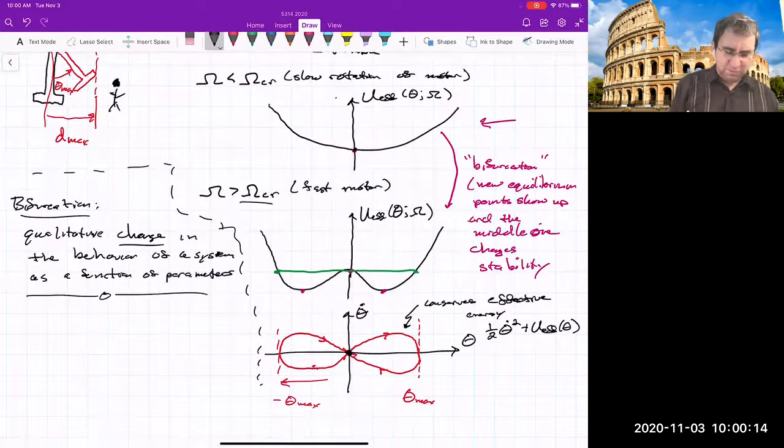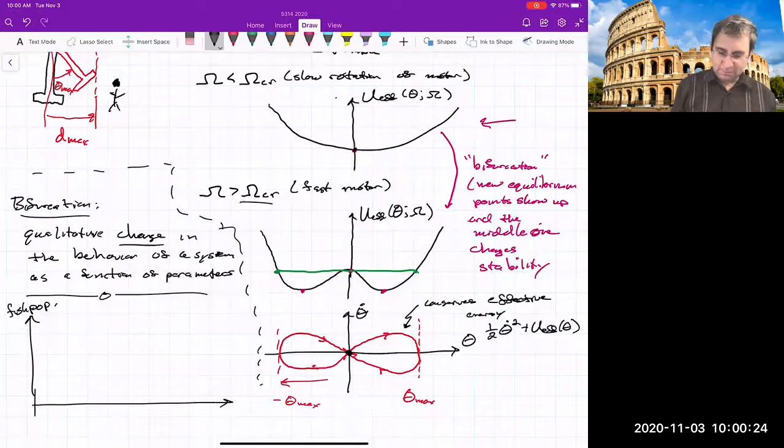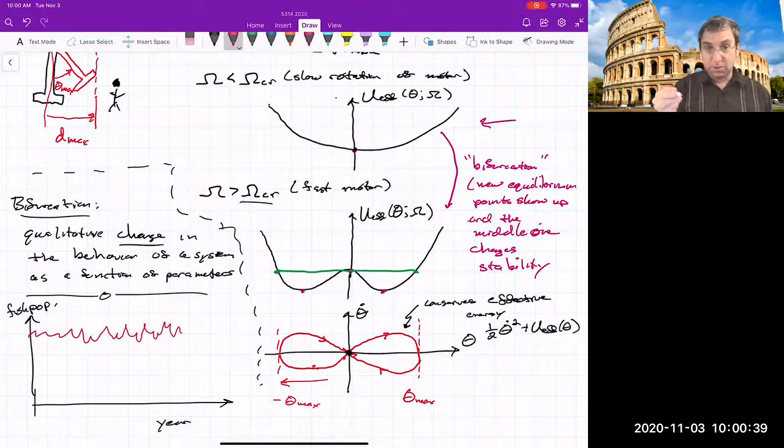There's an example I remember of the fish population. I know this is totally unrelated to mechanics, but the fish population of some fish, I don't know what it is, maybe it was cod, that's caught off the coast of New England. For many years, this is how much they would catch, and that was proportional to the fish population. And then one year, it dropped. So some kind of tipping point was reached.